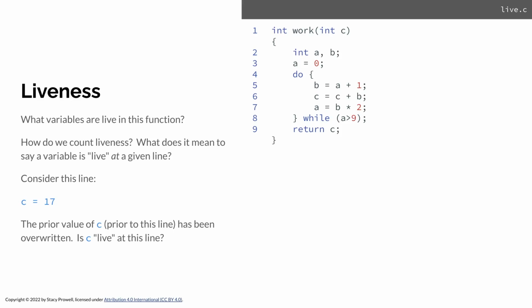So, for example, the line c equals 17, right? The prior value of c, before this line executes, is overwritten, and a new value is assigned. So it's sort of meaningless to say, is c live or not at this line? What does that mean?